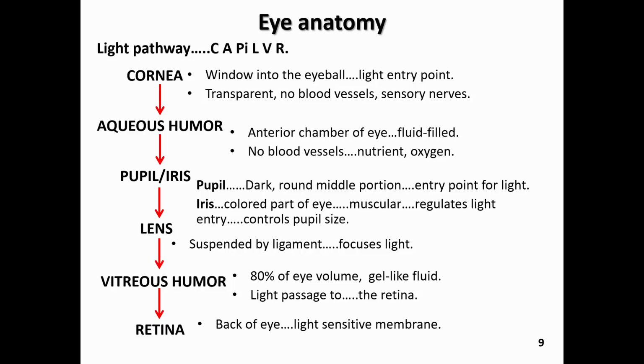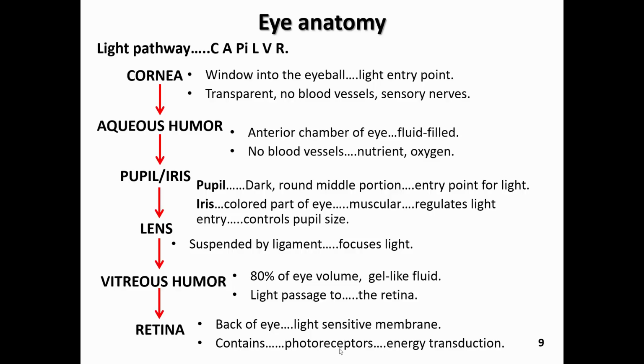And so the retina is a collection of layers of cells at the back of the eye, and this contains cells that are sensitive to light. So this is the part of the eye collectively referred to as a membrane, but is the light sensitive part of the eye. And the unique cells here are called photoreceptors.